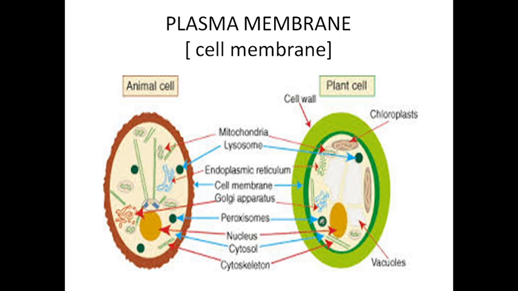But if you have looked at the plant cell, you have noticed a dark green color oval shape, which is called a cell membrane. And just outside the dark membrane, you are having a light colored covering, that is a cell wall. So in a plant cell, the cell membrane is not the outermost. Outermost is the cell wall. And just below the cell wall, you are having the cell membrane, if you have seen it clearly.